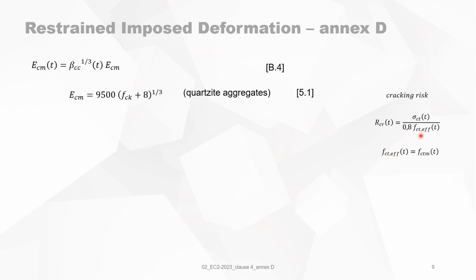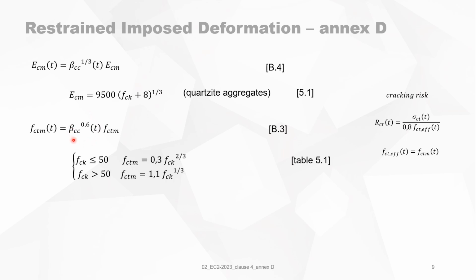And we said that fctf can be taken as fctm if nothing else is known. And fctm is, of course, a function of fcm and the beta cc coefficient.